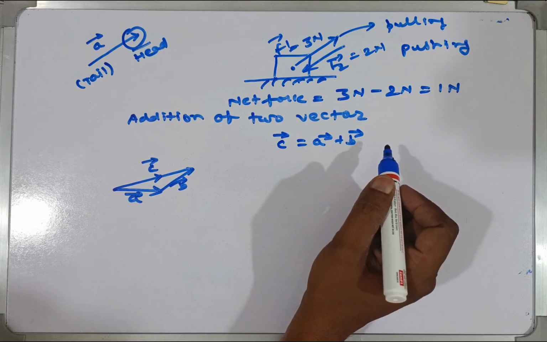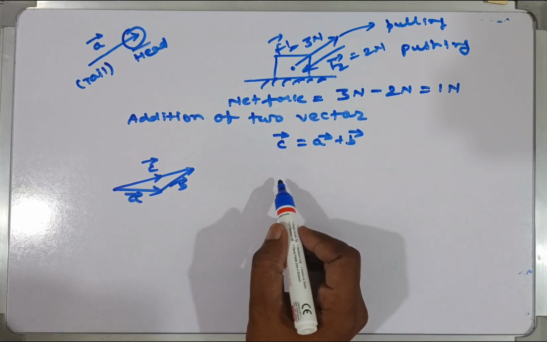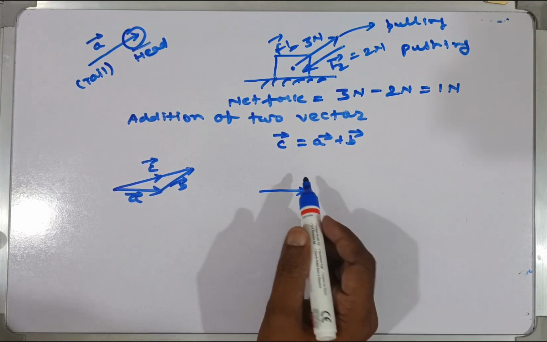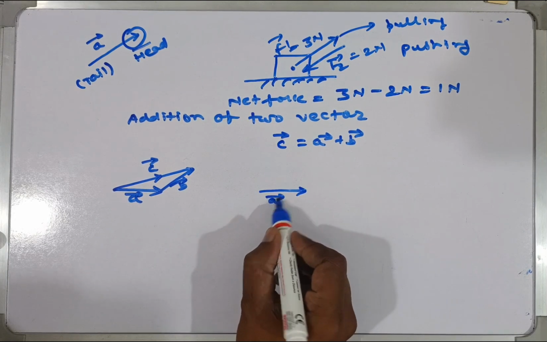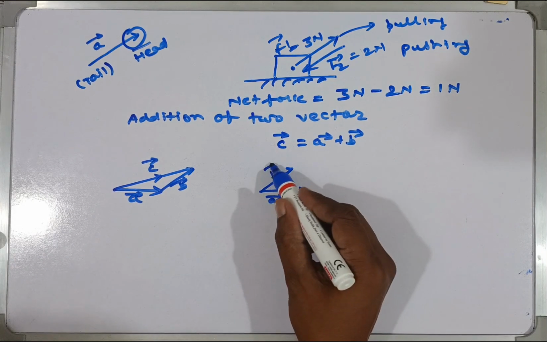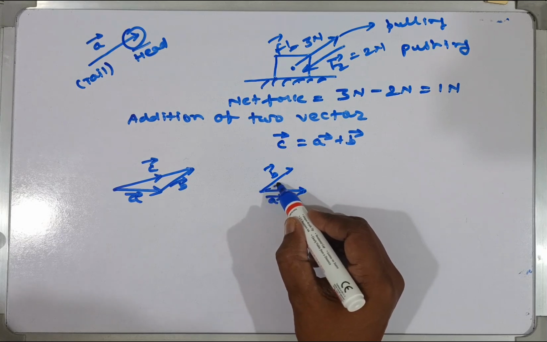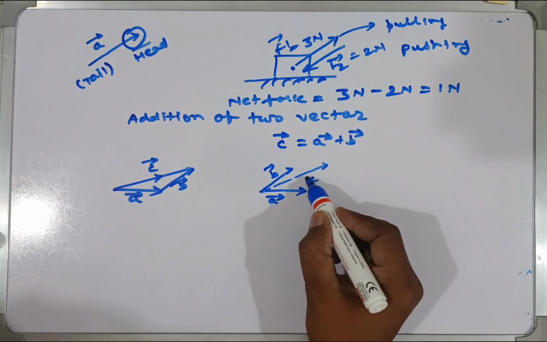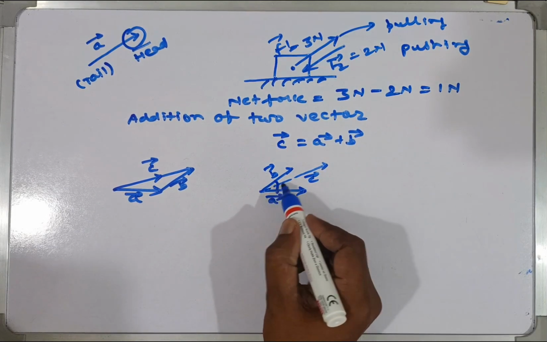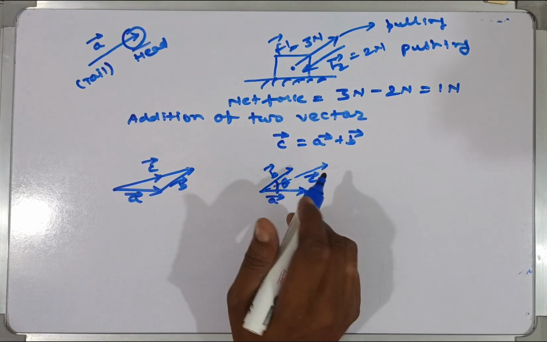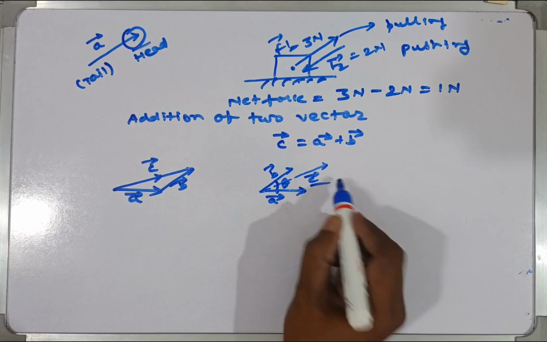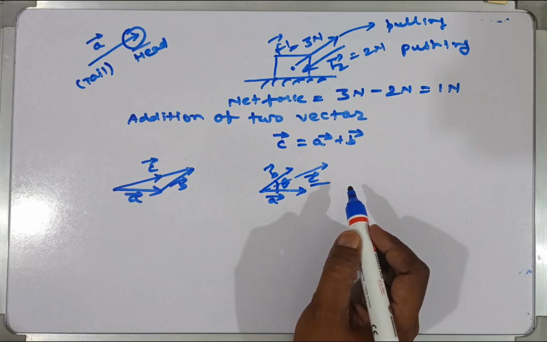And guys, you can also ask what the resultant will be if A vector is acting like this and B vector is acting like this. The resultant will be like this, so this will be C. If this angle is theta, suppose, what will be the magnitude of this C vector?